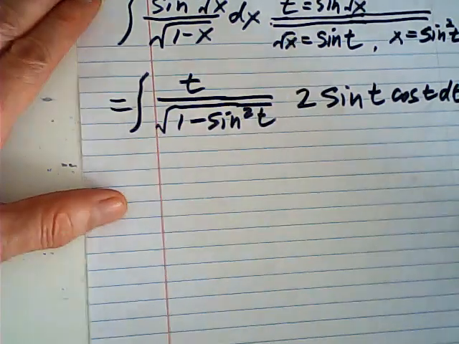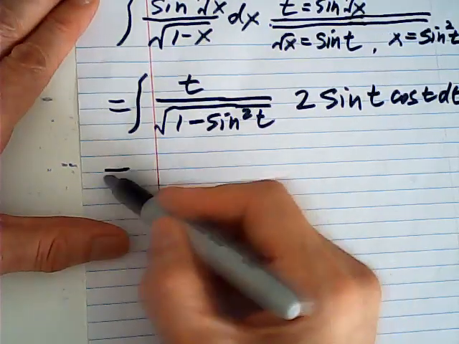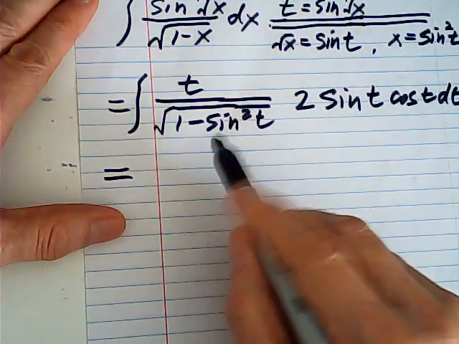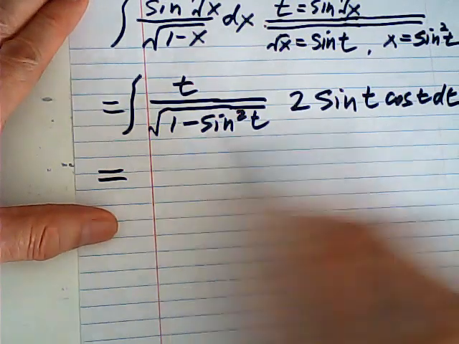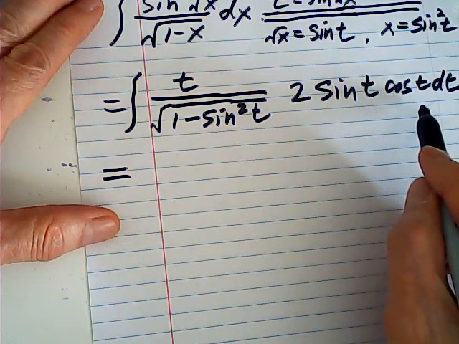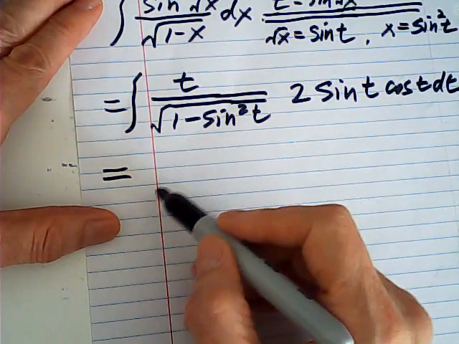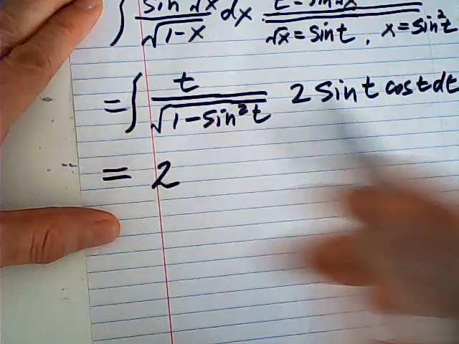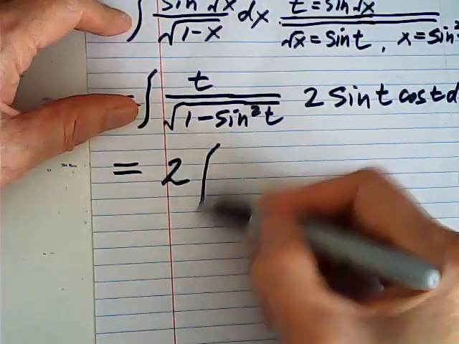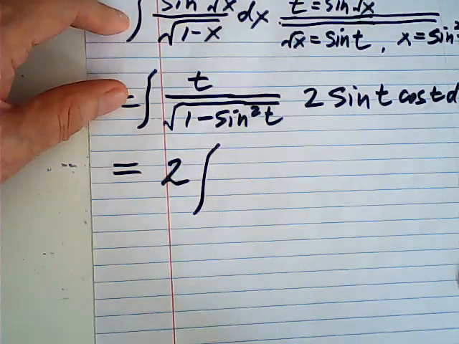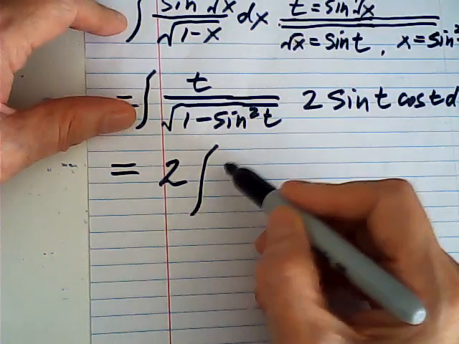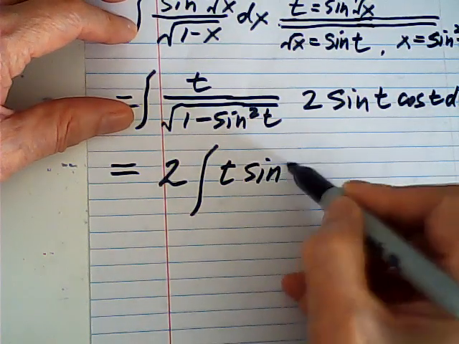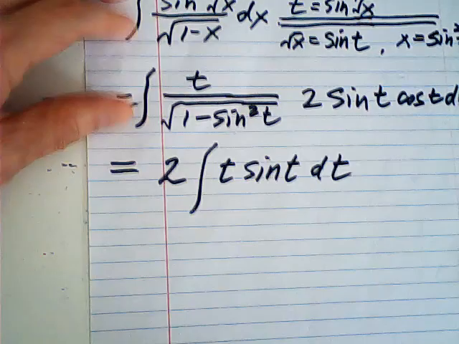Okay. Now this is the cosine, right? Cosine cancels out. So 2 is out. Yeah, 2 is out. Integral of t and sine t dt. Yeah.